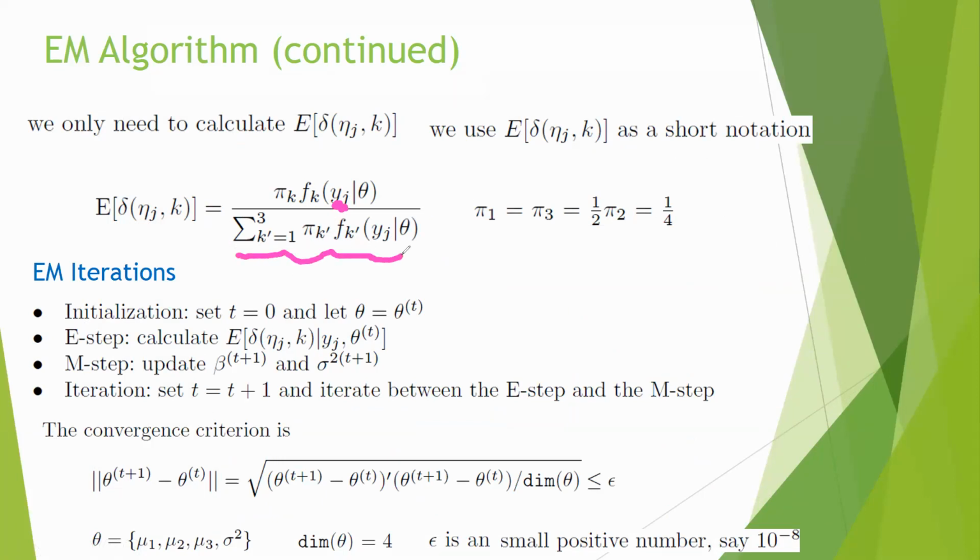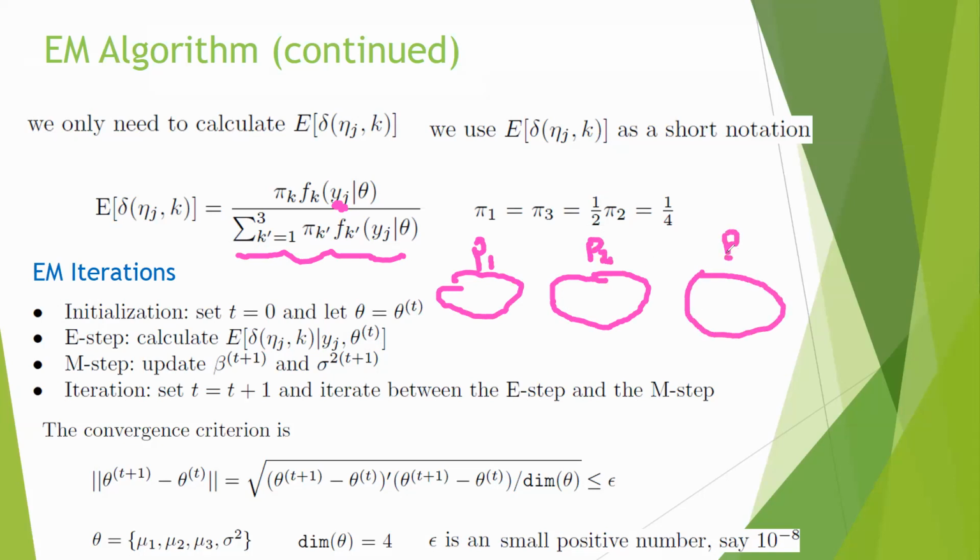If you look at the denominator, this represents the probability from the first genotype, the probability from the second genotype, and the probability that this individual comes from the third genotype. This is the total probability, the denominator.